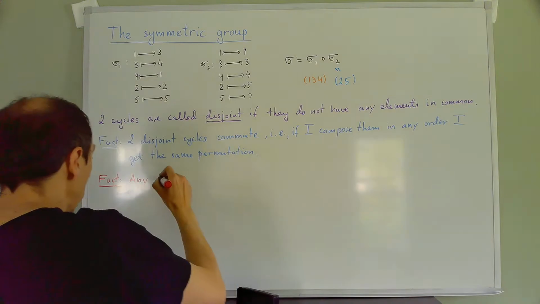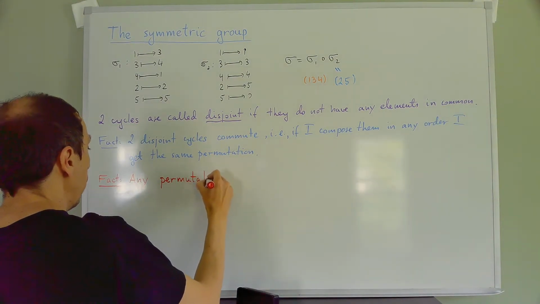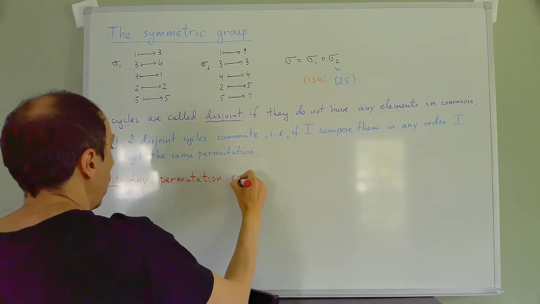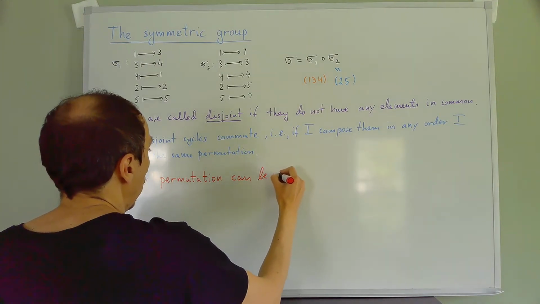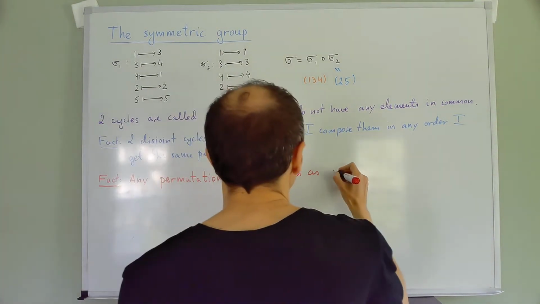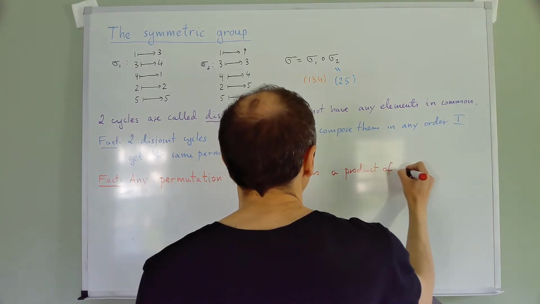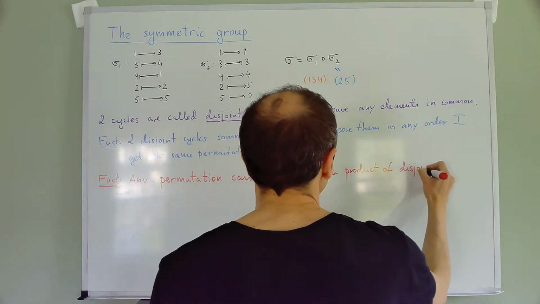Any permutation can be written as a product of disjoint cycles.